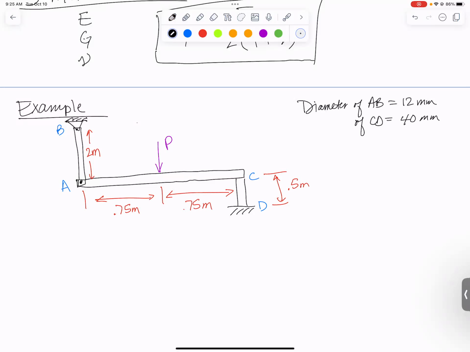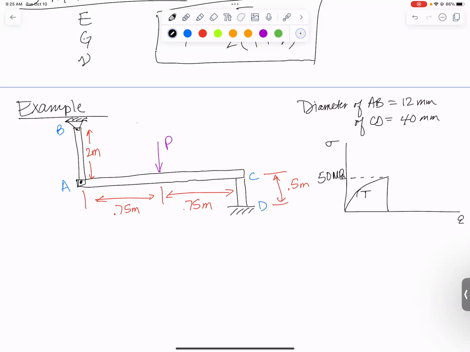And then we are also given information about the behavior of the material that bar AB and post CD are made out of. So the material looks like this. Here's a stress strain curve. And in tension, this material is weaker. In tension, it will break at 50 megapascals.